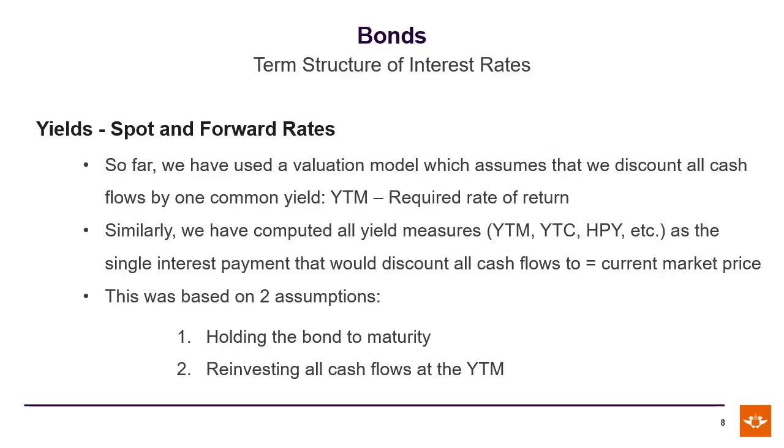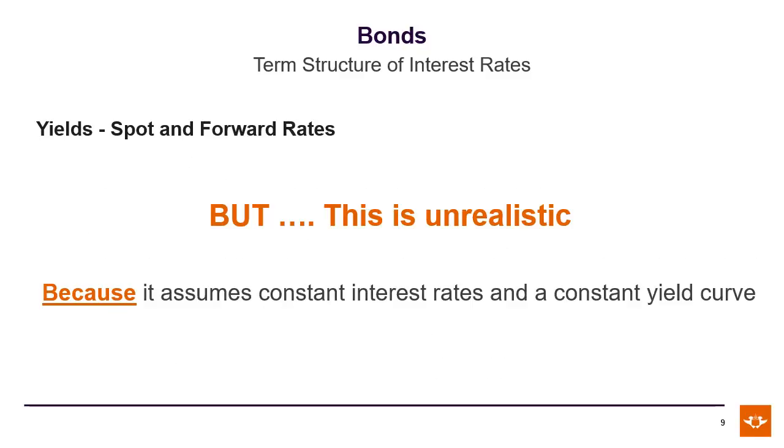And in doing so, we made two basic assumptions: that the bond was to be held to maturity, and that all cash flows would be reinvested at the yield to maturity and other relevant yields. However, we're now going to go forward and vary these assumptions. And we're going to vary these assumptions because they are unrealistic and are based on the assumption that the yield curve is flat, which it may not be.